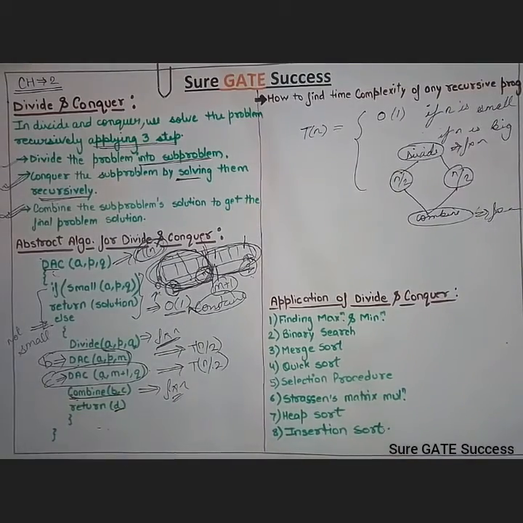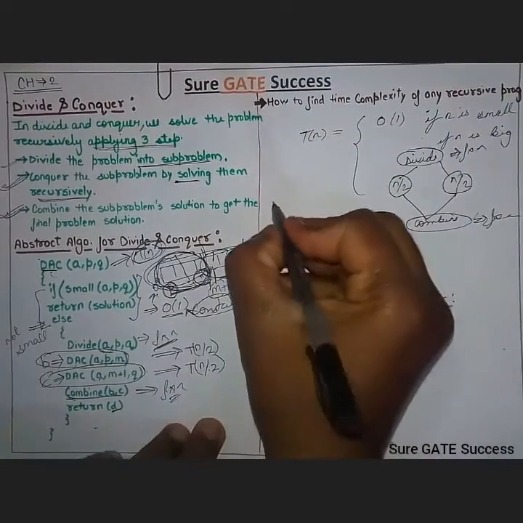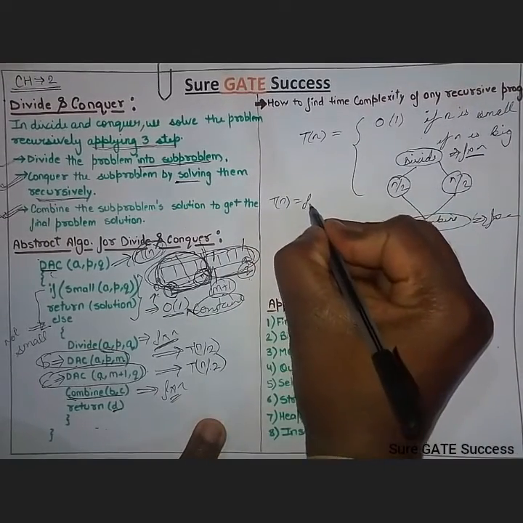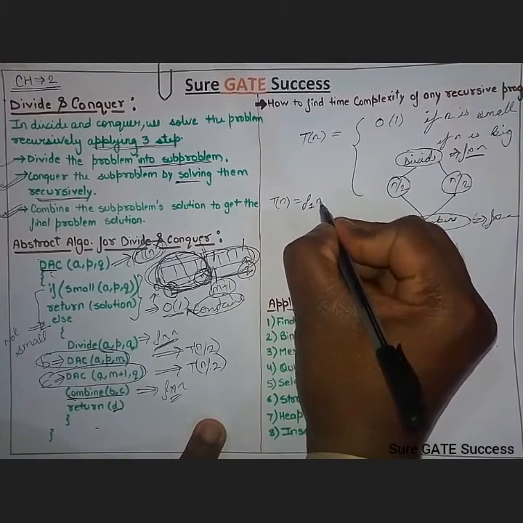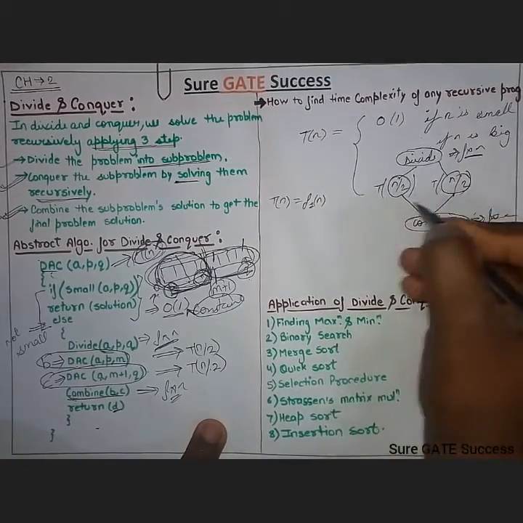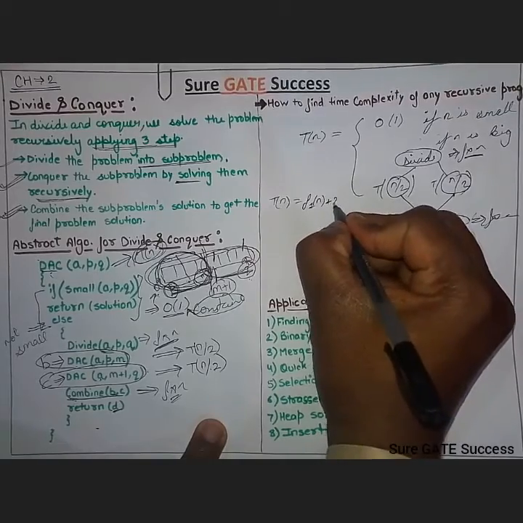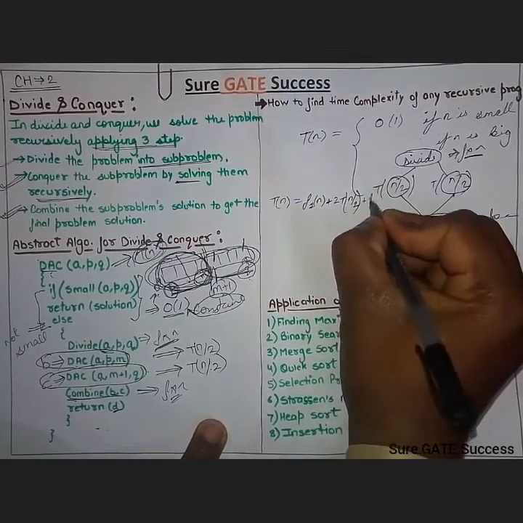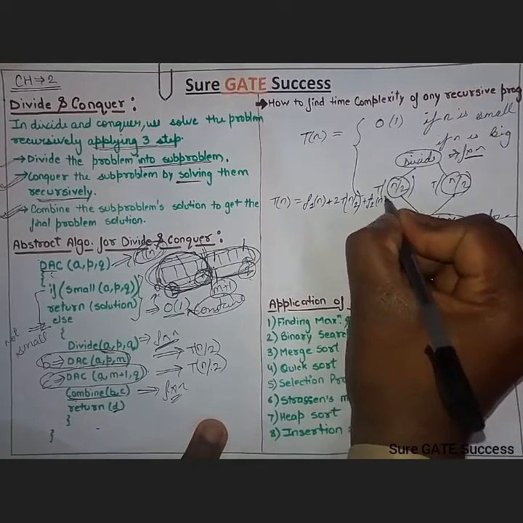So if we want to write it down in a general way, we can write Tn is equal to a function, let's take it as f1 of n, plus Tn by 2, and it is also Tn by 2. Then it will be 2Tn by 2. And this is another function, let's take it as f2 of n.